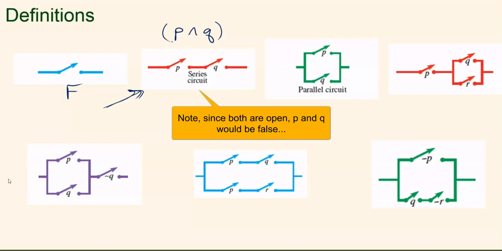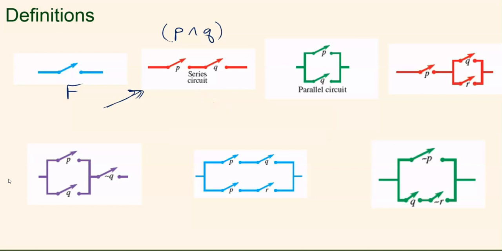Now look at the parallel circuit. Imagine electricity entering here and leaving here. Well, in order for that to happen, only one of the two has to be closed. The other one could be open. So this is the instance of an OR statement. P or Q.